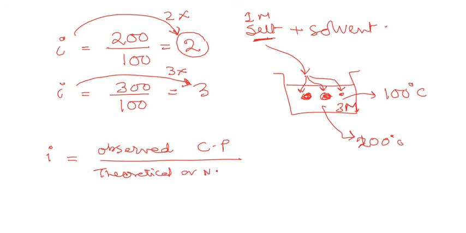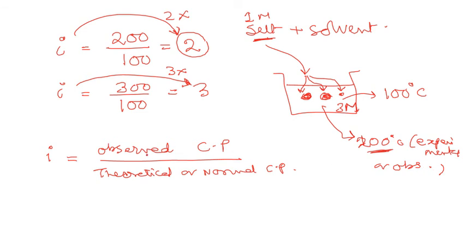or normal colligative property. This observed colligative property is the experimental one, the value under observation. Since the value that we are getting here is abnormal, we can also say in some cases abnormal value, but as of now we'll just go by this.